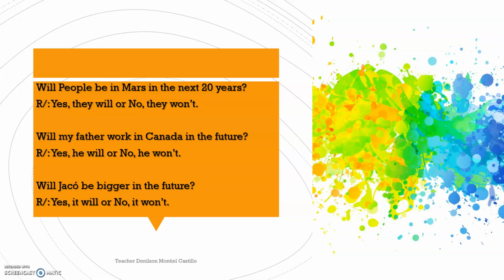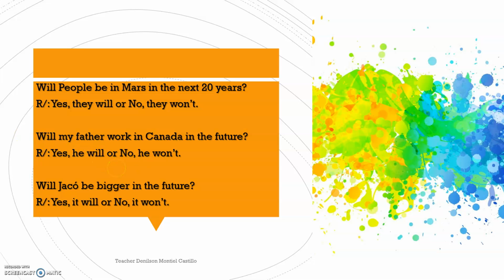Will Hako be bigger in the future? Yes, it will. Or no, it won't. Short answers. And as you can see, guys, I don't need more for these answers because I can understand them just as they are.